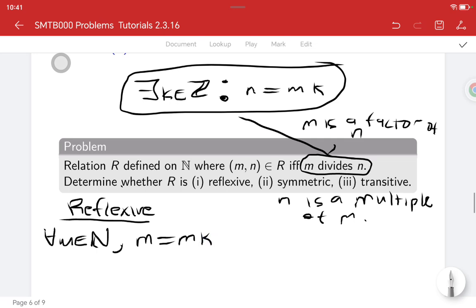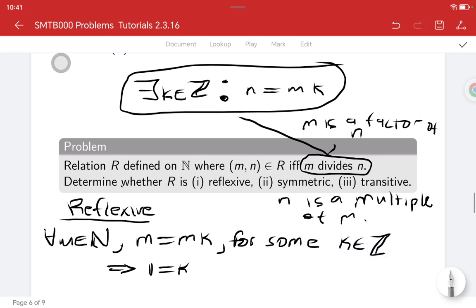We agree here, m should be equal to mk. So this means that if I divide both sides by m, I'm going to get 1, which is equal to k. Is 1 an element of the integers? Yes. So it means that this is correct.